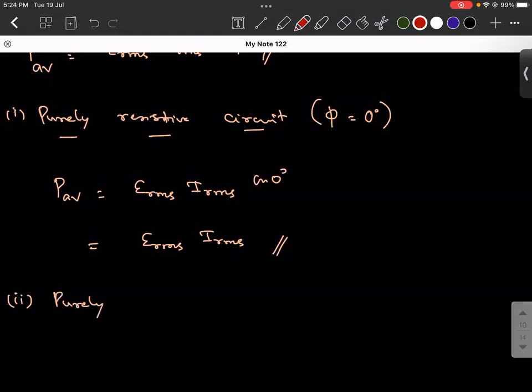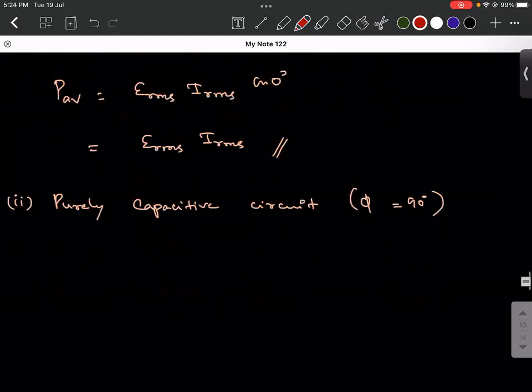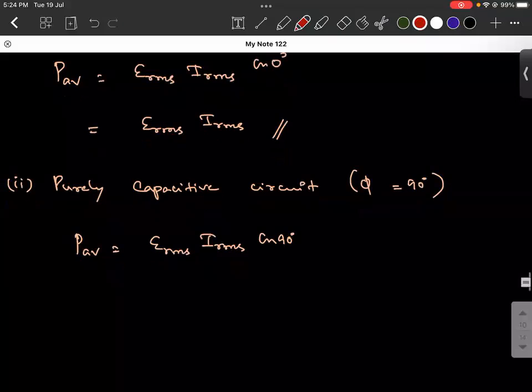For a purely capacitive circuit, phi is equal to 90 degrees. What is the average power? ERMS into IRMS into cos 90 degrees. This will be equal to 0.